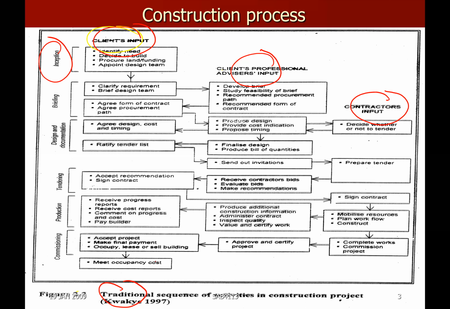But bear in mind that we do have different types of contract, such as design and build, fast track, etc. These could be different. In that particular type of contract, the contractor normally is also involved at the beginning, the inception stage. Okay, but in a normal situation, identify the need to develop a project, the need to do a project.